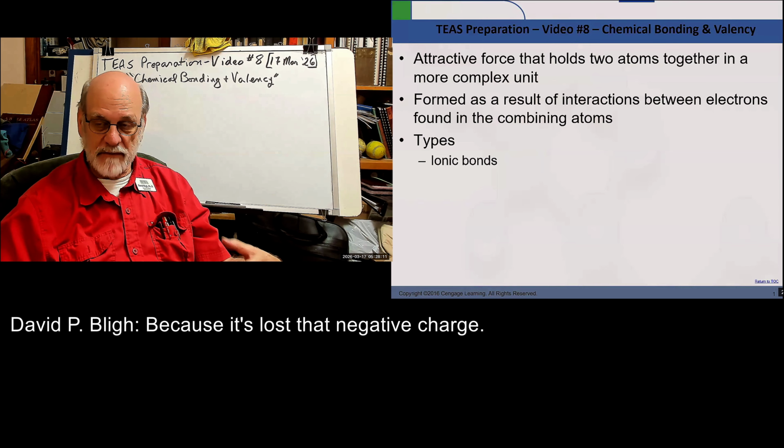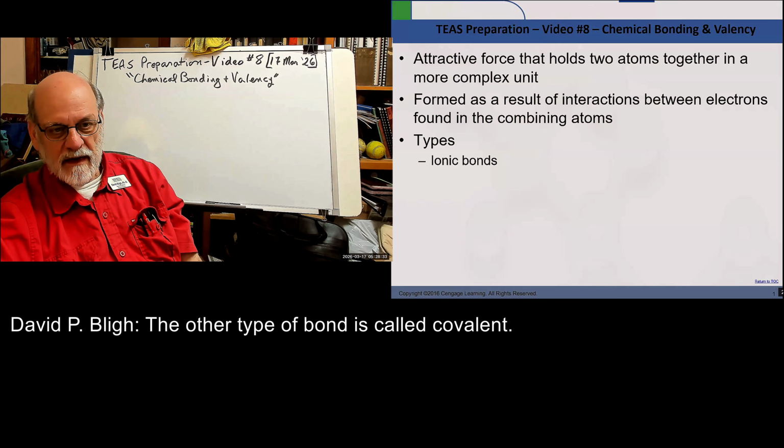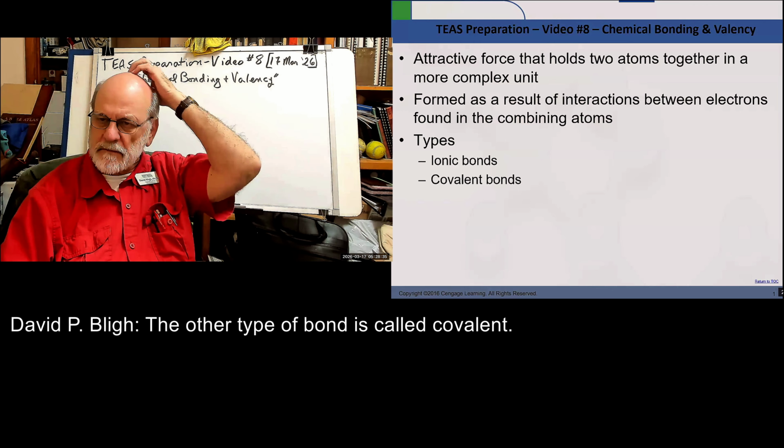When they first approach one another, they're neutral because they have the same number of protons and the same number of electrons. But if you remove or add electrons, you unbalance and you produce ions, and then positive ion attracts negative ion.